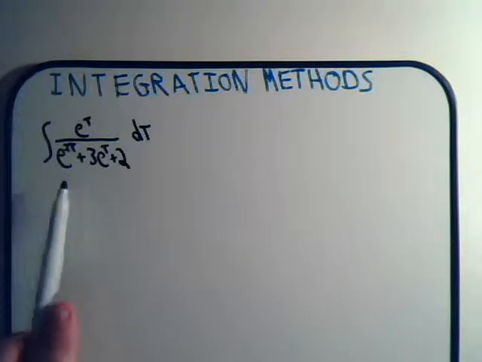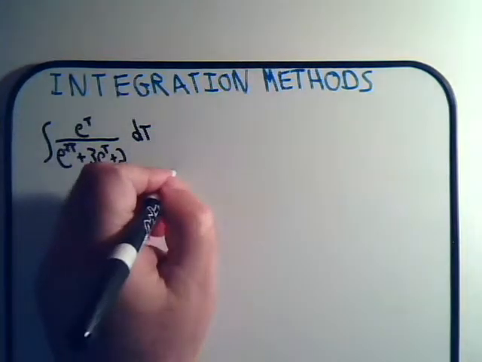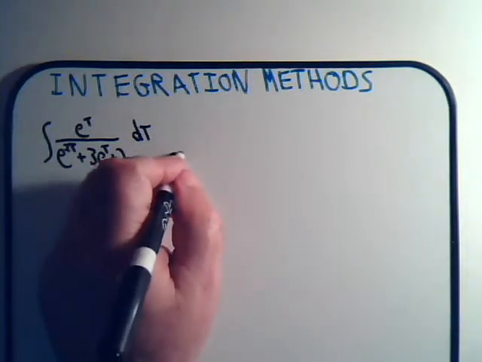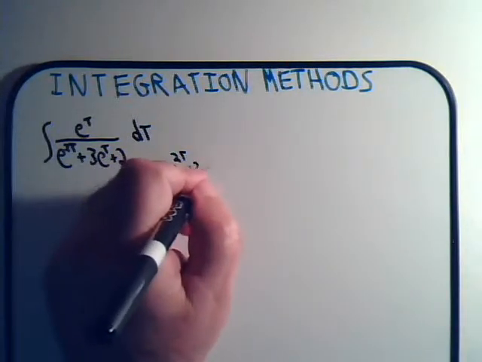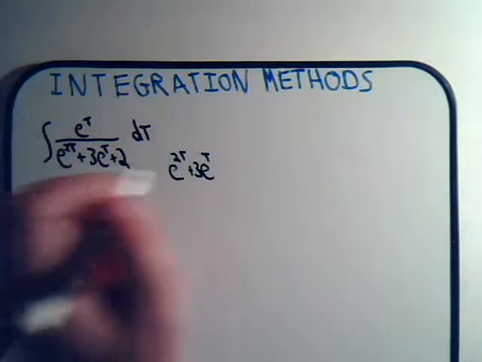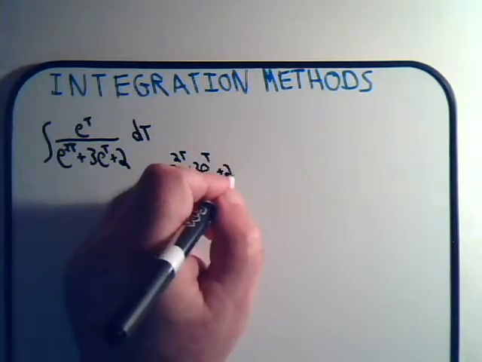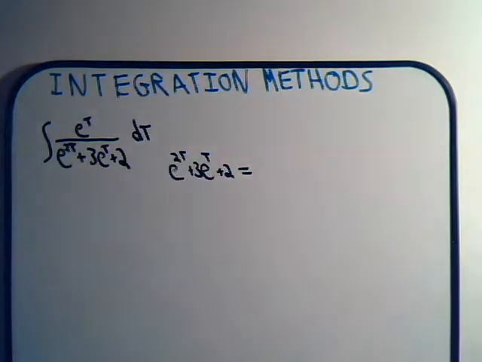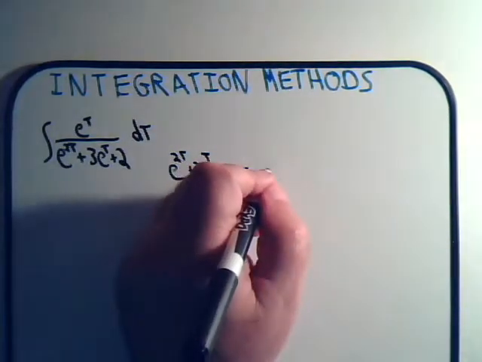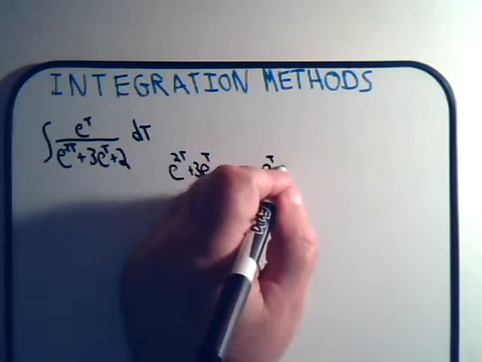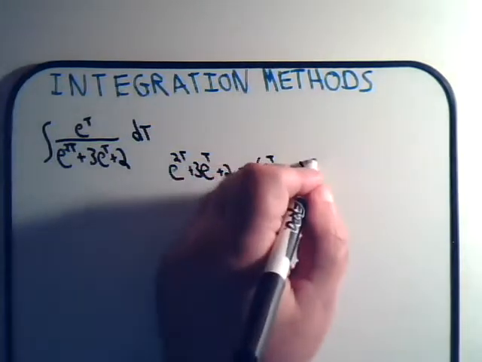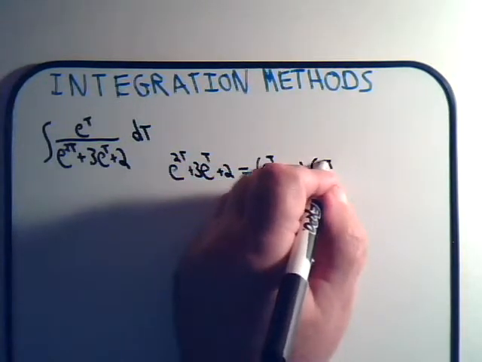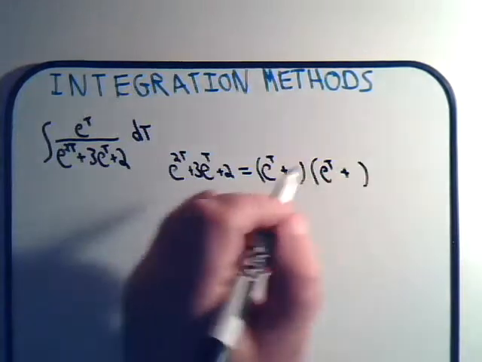Is there a way we can factor this out? We have e to the 2t plus 3 e to the t plus 2. And we have to have e to the t plus something, these are both plus signs here, times e to the t plus something.